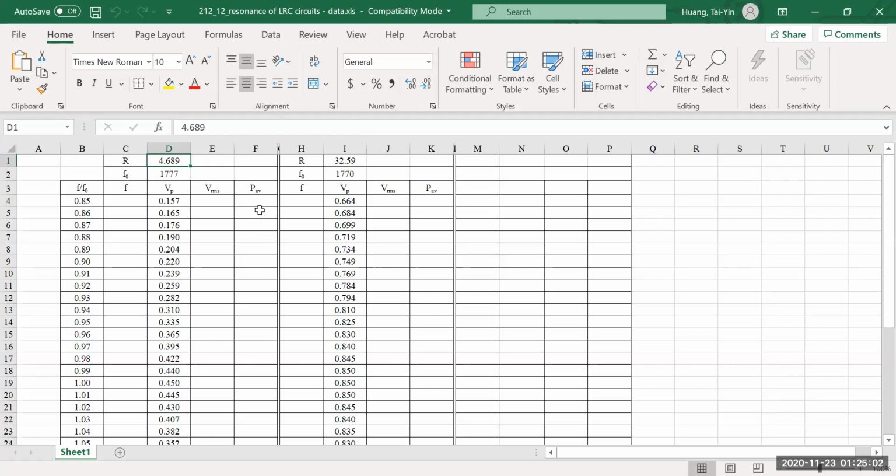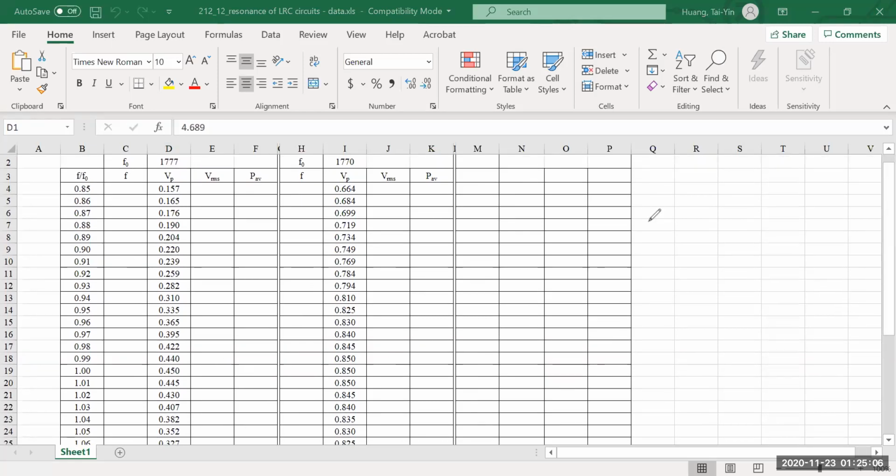Once you have the average power, what you want to do is plot the average power versus this column, F over F naught. You don't have to calculate omega over omega naught, just do F over F naught. So you would expect to have one curve and then another curve.